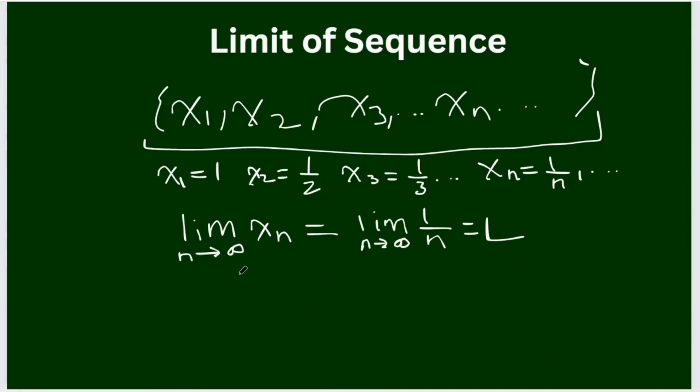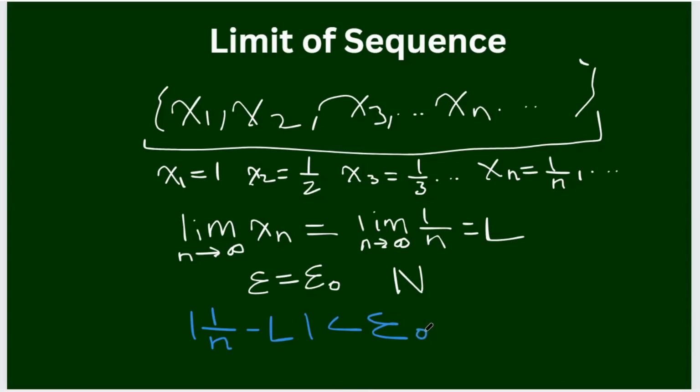So for any given epsilon equal to epsilon 0, we can always find capital N such that the inequality absolute value of 1 over n minus L, the limit, is smaller than epsilon 0 will always hold.